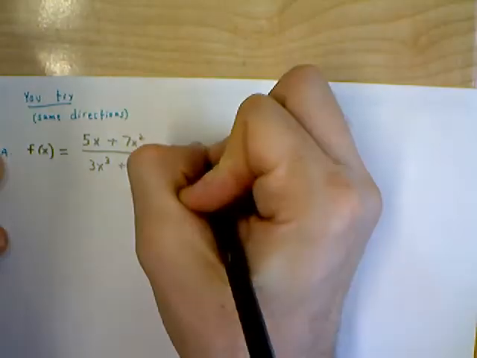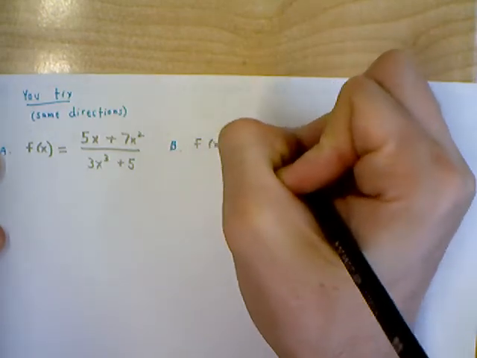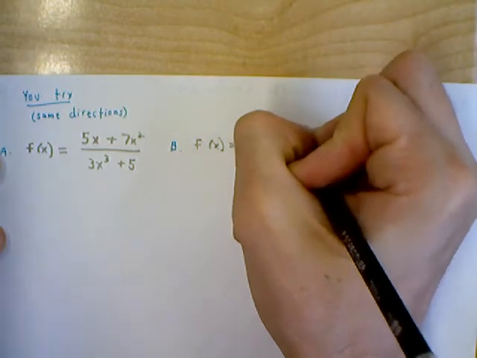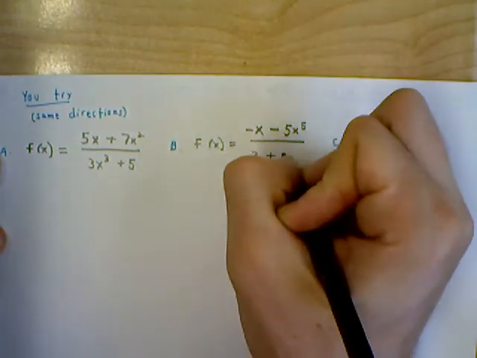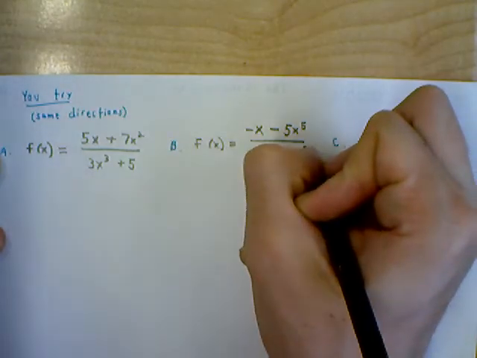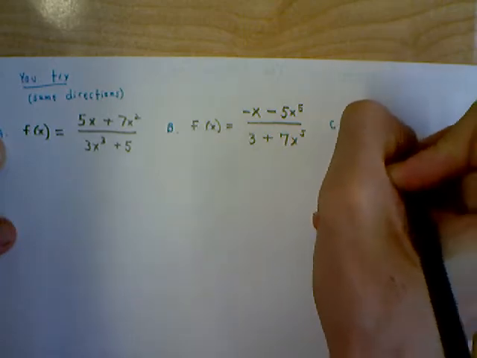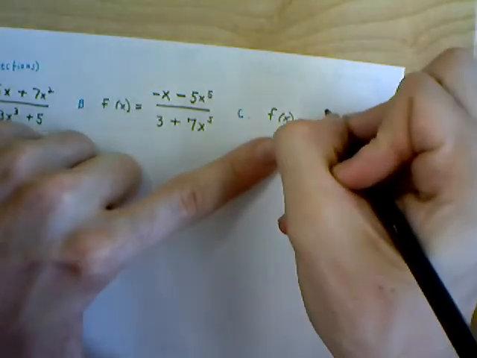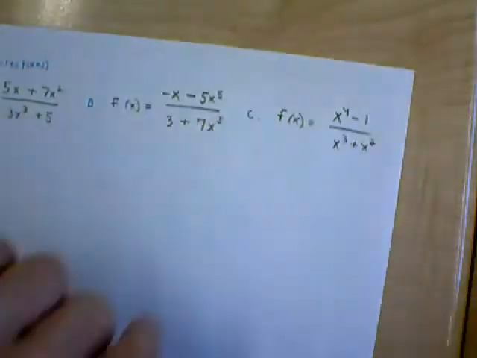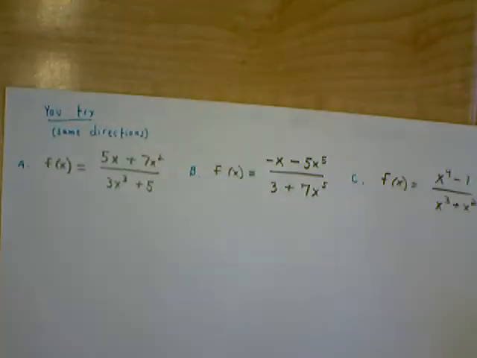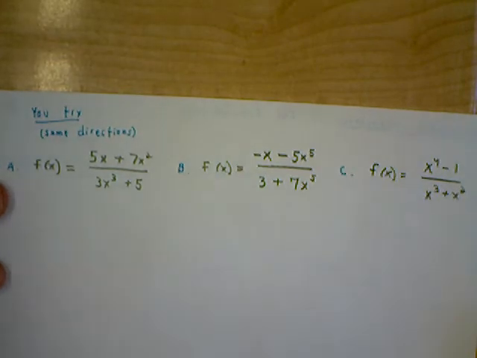Then I have f of x equals negative x minus 5x to the 5th over 3 plus 7x to the 5th. And then for part C, I have f of x equals x to the 4th minus 1 over x cubed plus x squared. All right, so you can pause the video and try finding the horizontal asymptotes, the same directions as before.